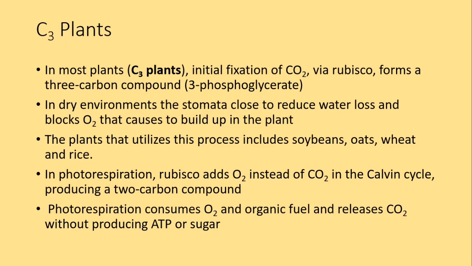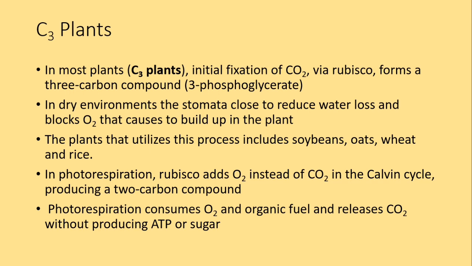C3 plants. In most plants, C3 plants' initial fixation of carbon dioxide via Rubisco forms a 3-carbon compound, 3-phosphoglycerate. In dry environments, the stomata close to reduce water loss and block oxygen, which causes it to build up in the plant.